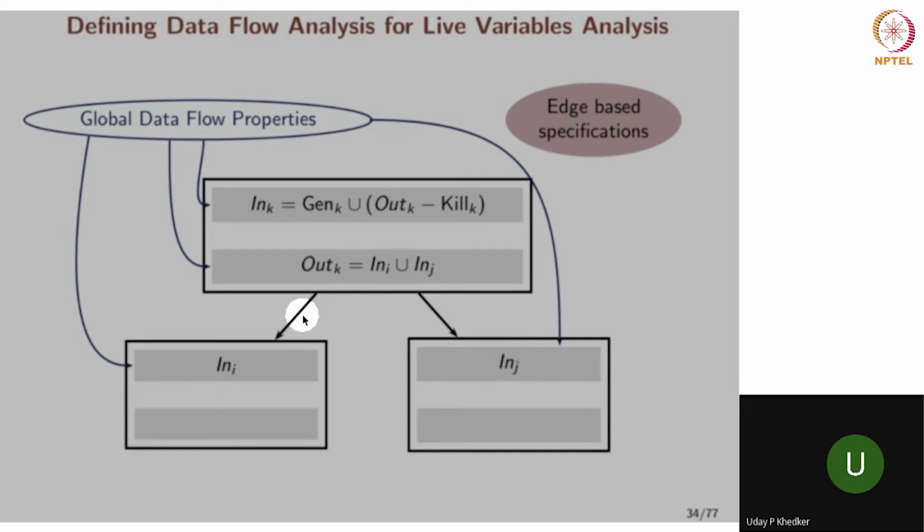The assumption is that the in of the successor has inductively captured the effect of the path that follows this particular basic block. So although we had defined our property as a path-based property, here we are formally defining our mathematics in terms of an edge-based property.